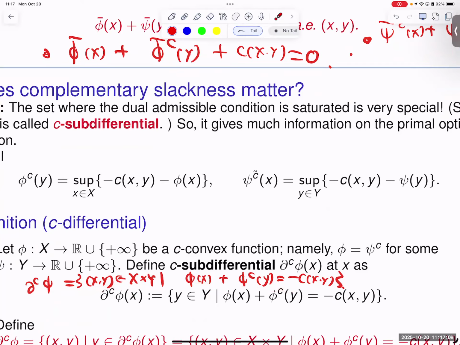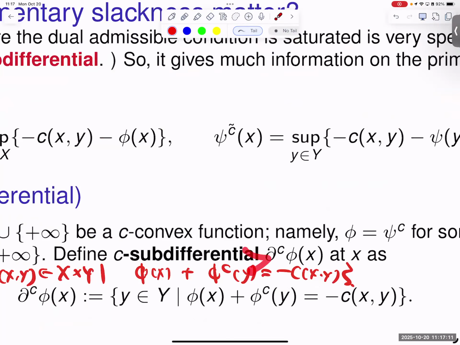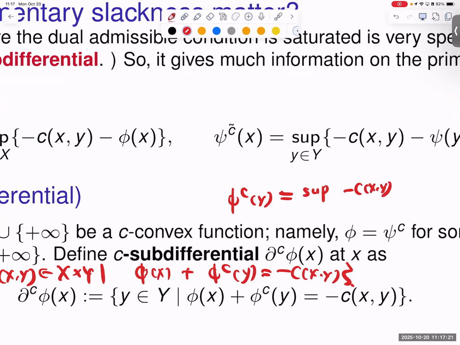In general, you have an inequality here, right? The c-Legendre transform is always bigger than or equal to, remember, the supremum of minus c(x,y) minus phi(x) over all x.